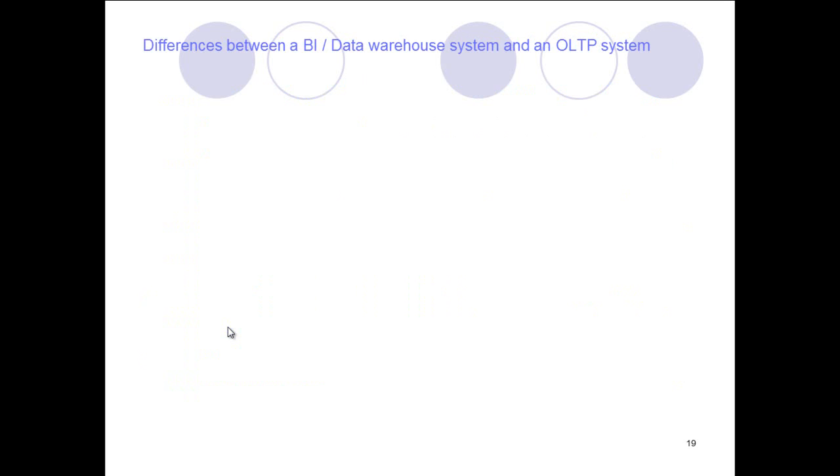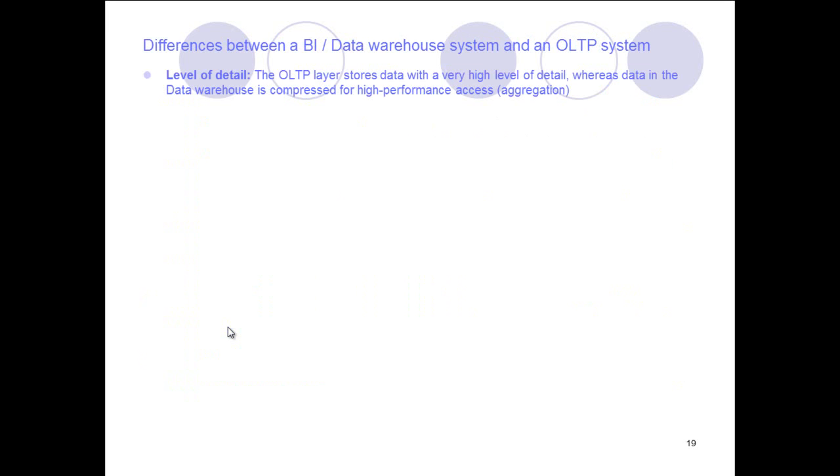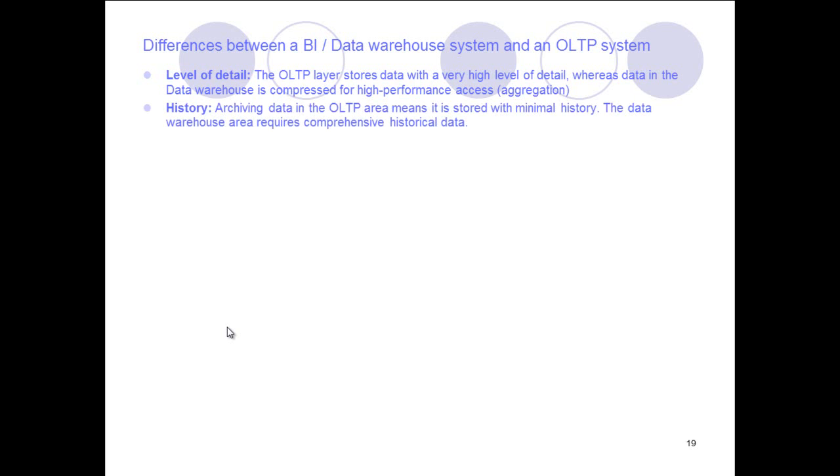Differences between OLAP and OLTP systems. Level of detail: the OLTP layer stores data in a very high level of detail, whereas data in the data warehouse is compressed for high performance access. So archiving of data is there, meaning it is stored with minimal history.